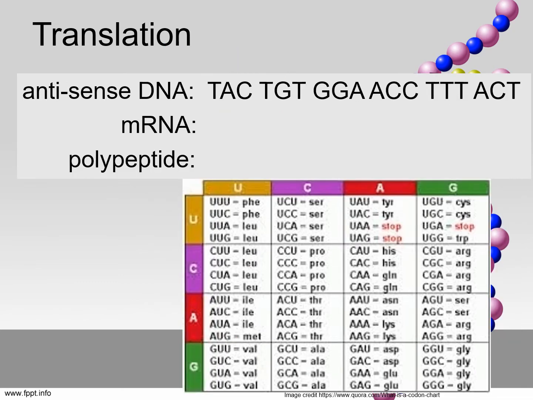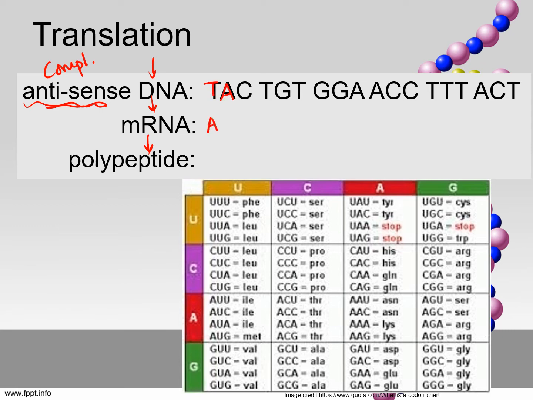Let's do another one. This time, I'm giving you the DNA instead of the RNA. So we're going to have to do some transcription first to make a messenger RNA, and then we will translate into our polypeptide. This is the antisense DNA, which means that it's the complementary piece of DNA, not the matching. So we do need to find our complementary base pairs. If I have a T in the DNA, we're going to have an A in the messenger RNA.